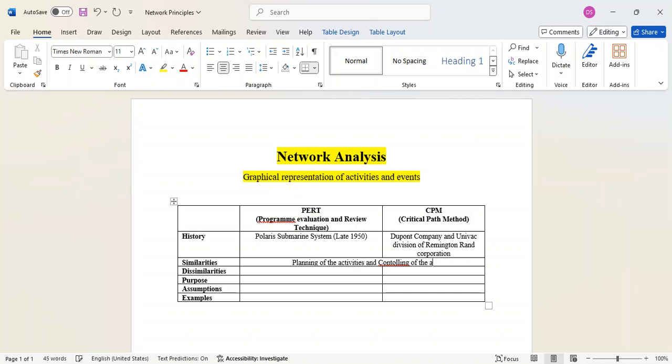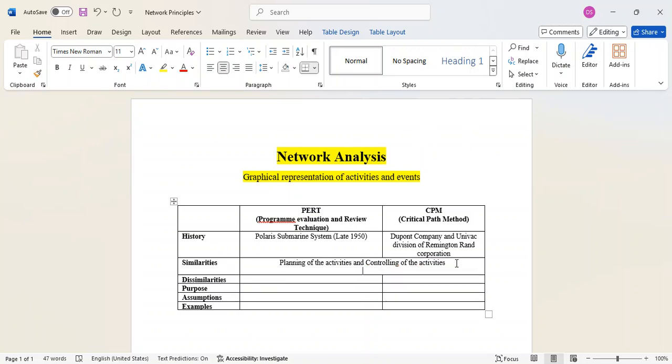But the question arises, what planning exists in PERT and CPM? The planning in PERT and CPM is planning for scheduling of activities, where you give more emphasis on time period and resources, and planning for layout of the activities.